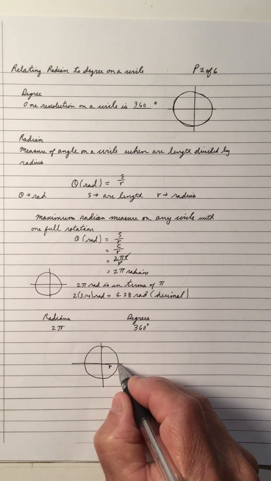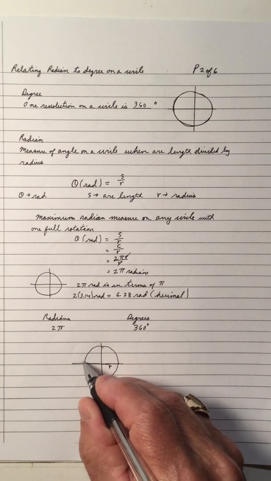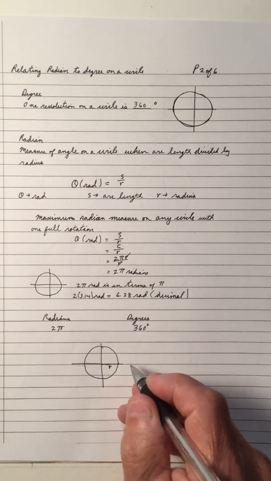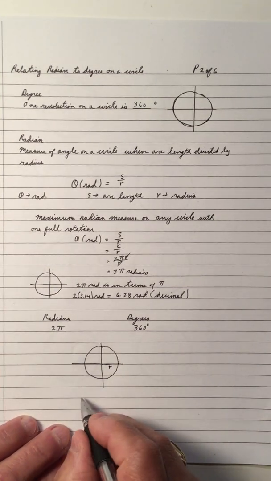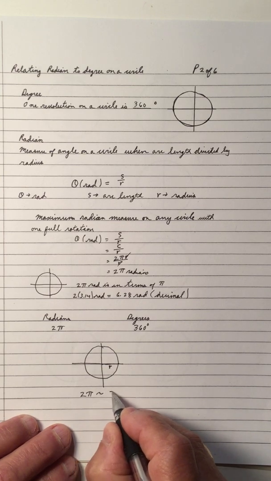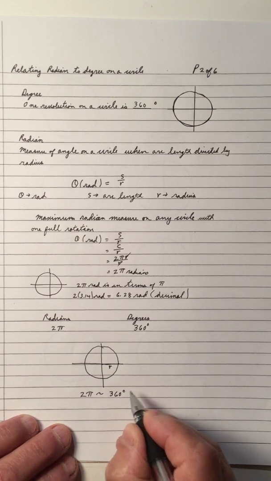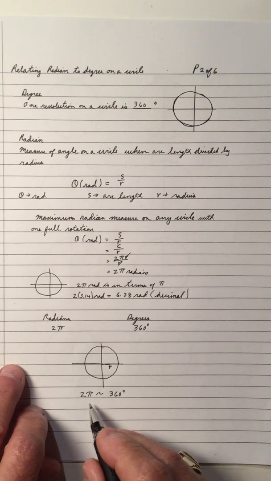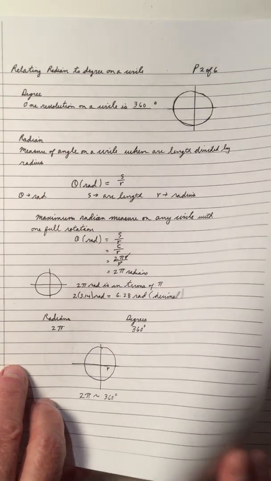Or in terms of degrees, if you leave here and do one complete rotation, you'll have 360 degrees. So 2 pi radians is equivalent to 360 degrees.